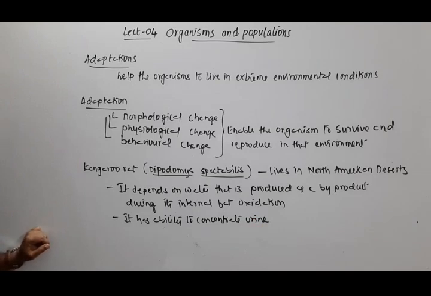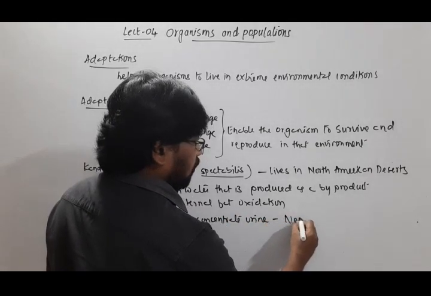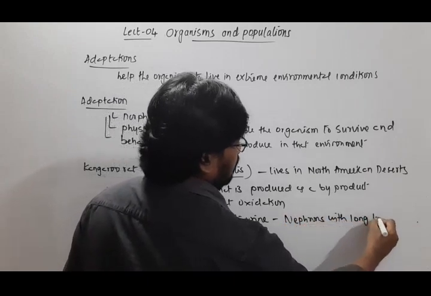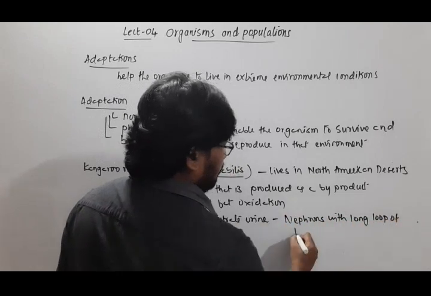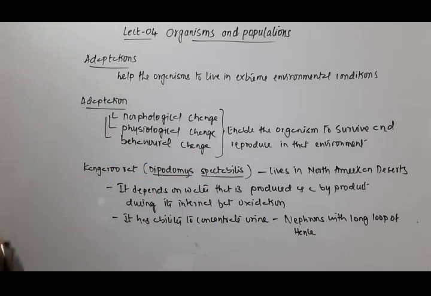So how is it able to concentrate urine? Because the kidneys have nephrons with a long loop of Henle. We know that this loop of Henle is meant for concentrating urine.